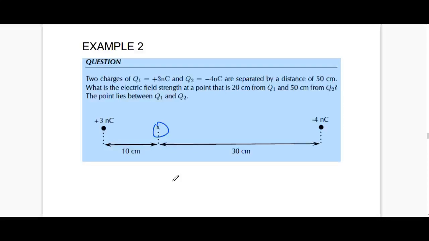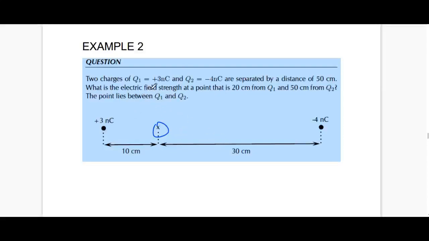The point lies between Q1 and Q2. But here the distance they said 50 centimeters, and here they said 30 centimeters. They are separated by 50 centimeters, Q1 and Q2, but here we can see that they're separated by 40.